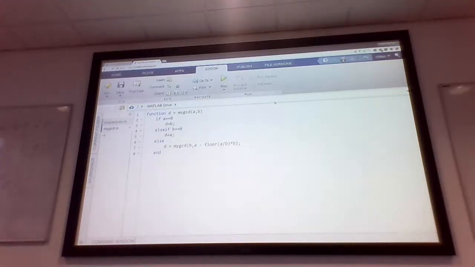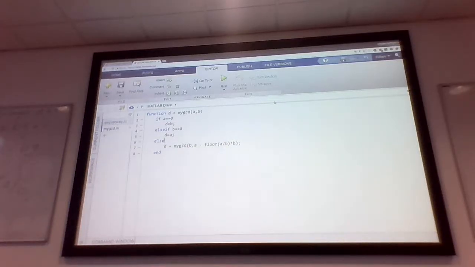The floor function, have you met that before in MATLAB? The floor function, the floor of x. When you call the floor function on an argument x, it gives you the largest integer less than or equal to x. Okay? So floor of 10.5 is 10.